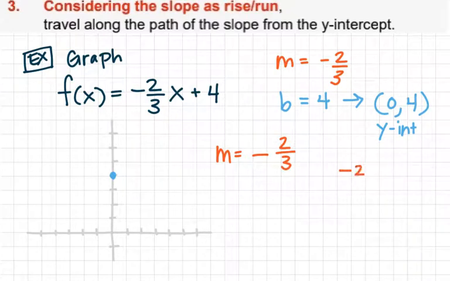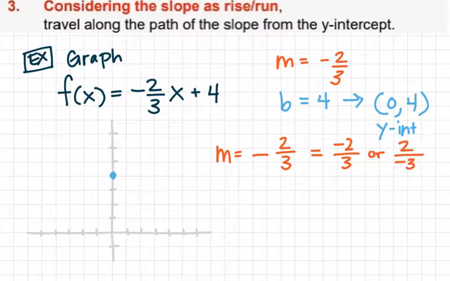Well, if we said negative 2 over negative 3, that would be positive 2/3, because a negative divided by a negative is positive. So we only have one negative here. This is either negative 2/3 or 2/3 with the negative in the other place, and they both give us the same value. So let's look at each.